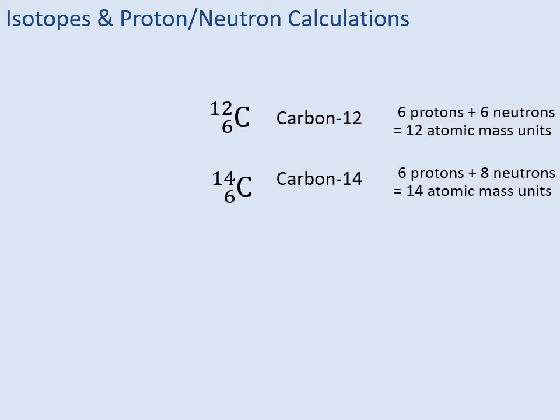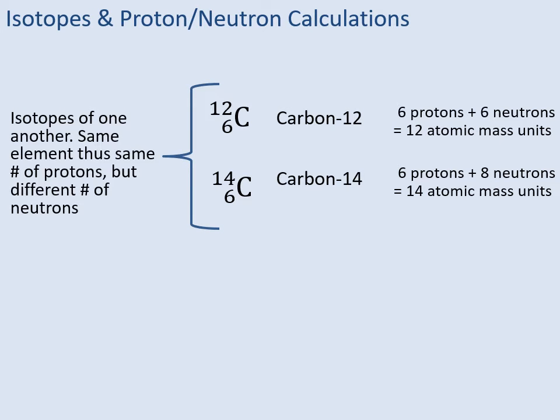Carbon-12 and carbon-14 are both carbon, but weigh different amounts because they have a different number of neutrons in their nucleus, and that makes these two atoms isotopes of one another. Same element, thus same number of protons, but differ in the number of neutrons. I want you to pause now and take these notes down.